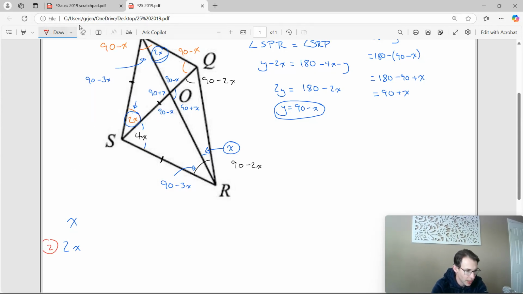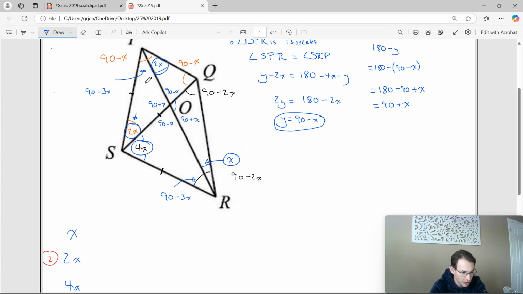All right, don't forget, so I'm using a different color. It's very important. I have a 4x angle, just this one. And so I've done my 2x's, my 4x. Good, so that's just one. And then 90 minus x, I have how many of those? 3, it looks like.